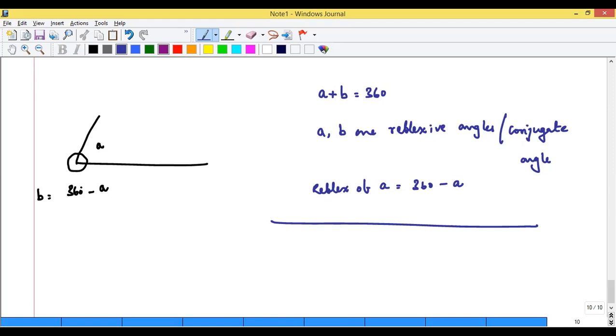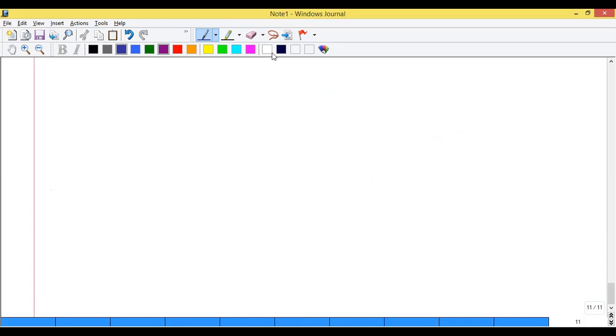What kind of question may they ask you based on this? Find an angle which is 5 times its complement.